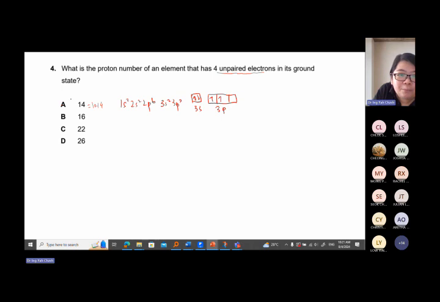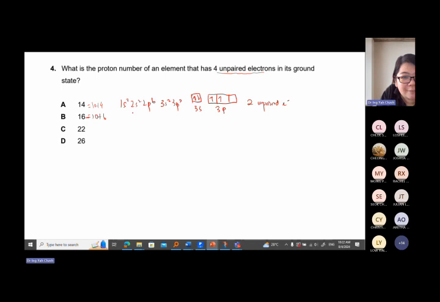So for the proton number 14 element, it has 2 unpaired electrons. What does it mean by paired and unpaired? This one is paired. Unpaired means in the box you only have 1, no pairing, there's no other one to pair with. So 2 unpaired electrons.